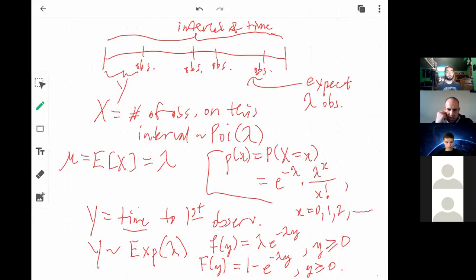So it's probably not worth our while to go into a ton of detail beyond what's written here, but that's the basic connection between the Poisson distribution and the exponential. The exponential is simply the amount of time that passes to the first observation in a Poisson process. That's the main thing I want you to get out of all of this.